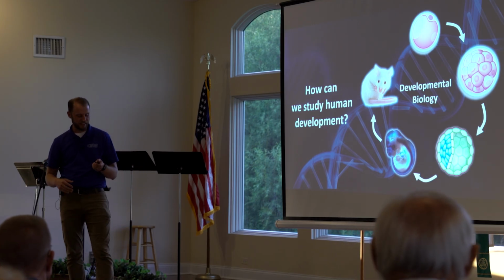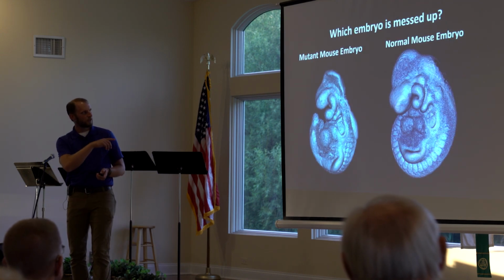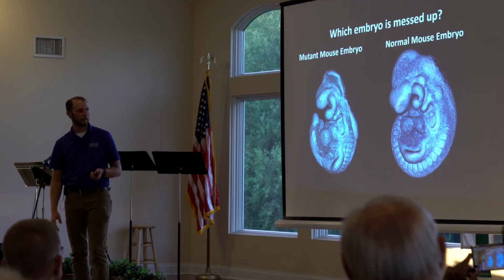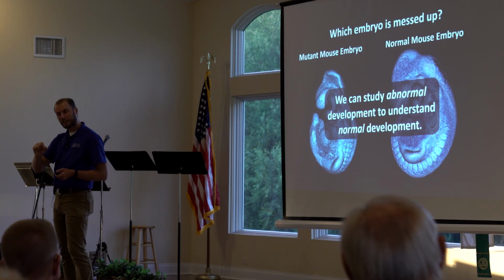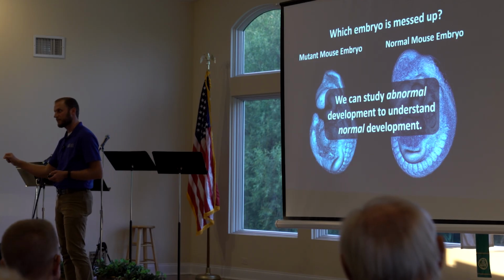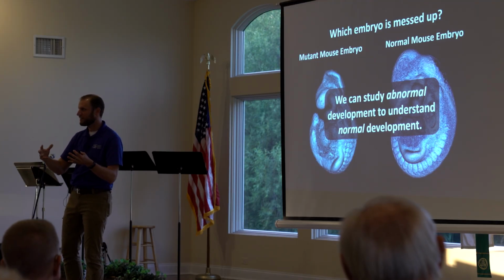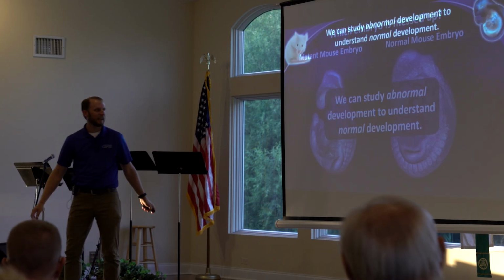Here's another way that you can study development. We asked you this question at the beginning: we have a messed up embryo on the left, a normal mouse embryo on the right. You can study abnormal development to understand normal development. So you study development when it goes wrong, and that tells you how it should be going right. I'll explain.